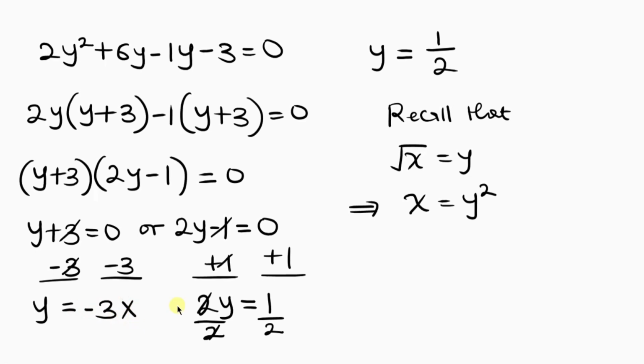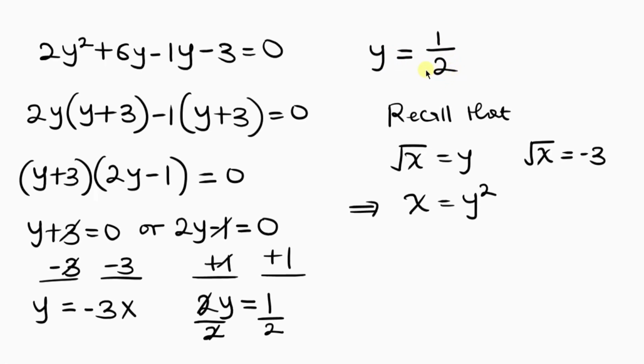The reason is because the square root of a number can never be negative. That means the square root of x can never result to negative 3. So that's why we have to reject the negative, and we focus only on the positive, y equal to 1 over 2.